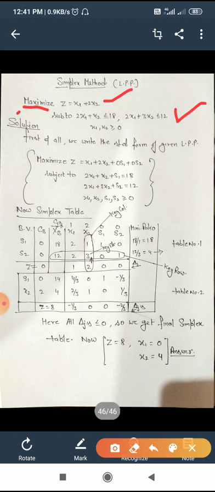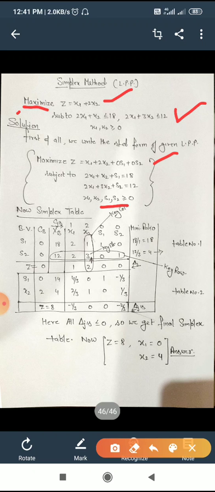In standard form, maximize z = x1 + 2x2 + 0s1 + 0s2, where s1 and s2 are slack variables, and both are greater than or equal to 0.